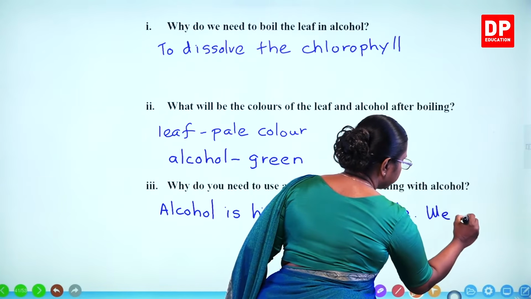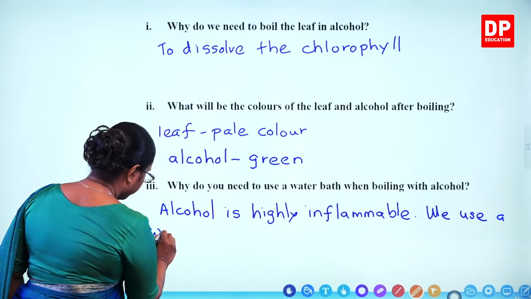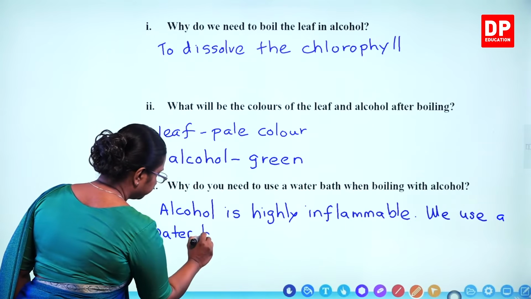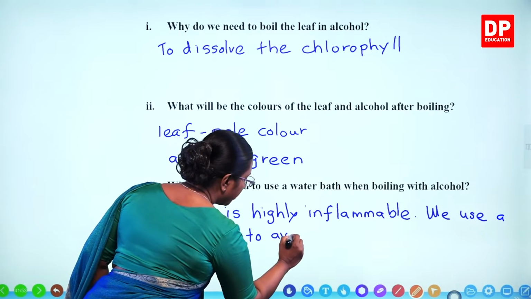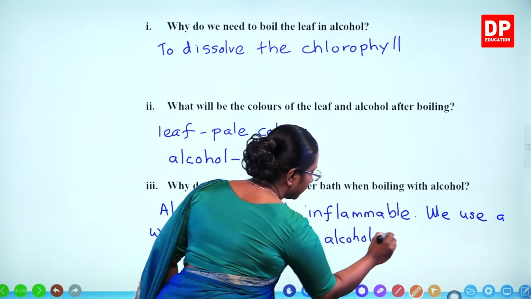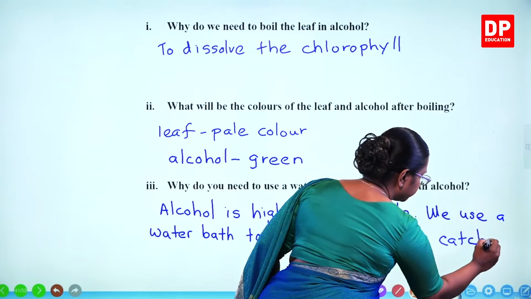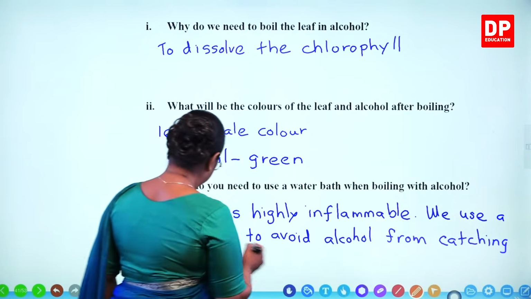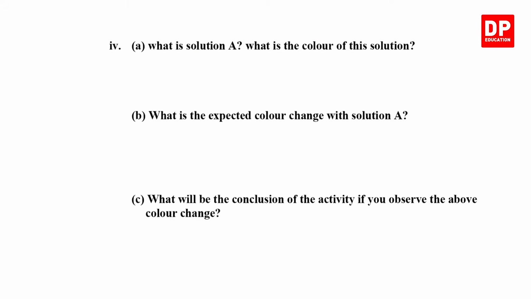We use a water bath to avoid alcohol from catching fire. So we are actually preventing accidents. I will move on to the next question.